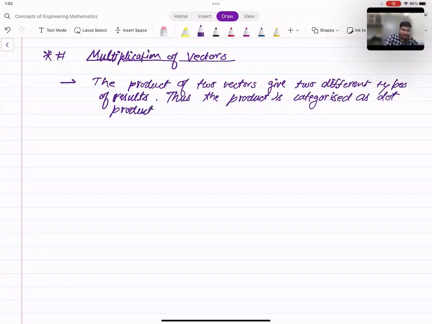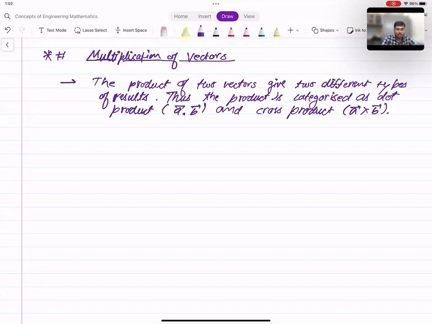So this is represented like, suppose we have vector A and vector B. So the dot product will be vector A dot vector B, and the cross product is written as vector A cross vector B. So in this way, the two types of products are represented.